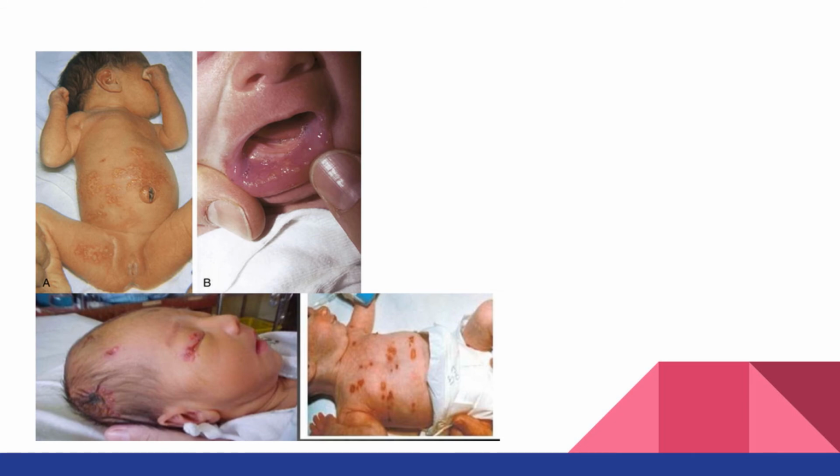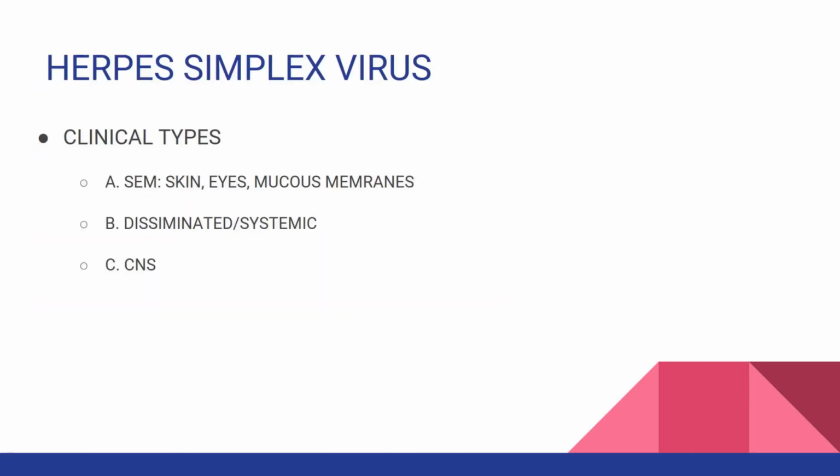This is just a picture to show you the skin lesions and the oral mucosal lesions that can be attributed to herpes simplex virus infection. Now, there are 3 different types of congenital neonatal herpes: herpes infection affecting the skin, the eyes, or the mucous membrane; a disseminated infection; or an infection involving the central nervous system.